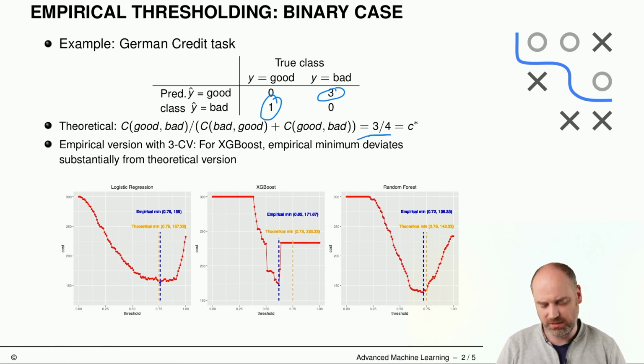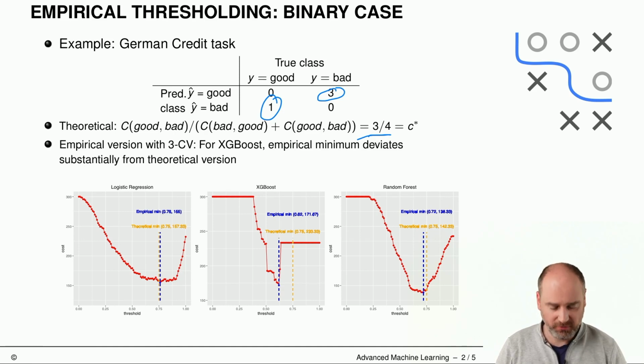And that would make us quite conservative in terms of giving out a credit. So we would only give out a credit if the posterior probability of our client being credit worthy, so to speak, is more than 75%. Okay, so we can now compute this empirical threshold. Also, I guess then we have to define what concrete classifier we would use.